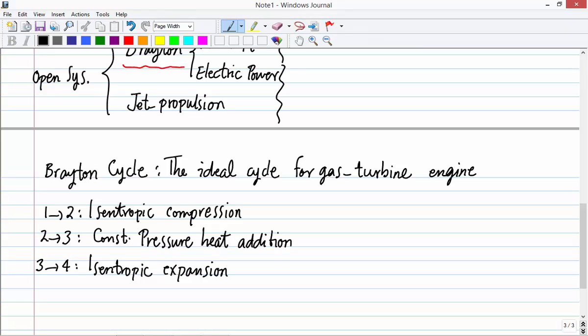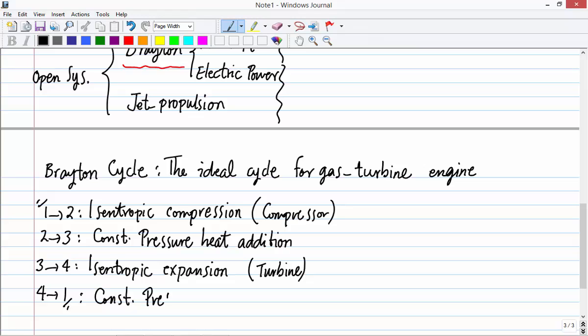These two isentropic processes, the compression happens in the compressor, and this one occurs in the turbine. And then this cycle should end up at the same state as it started, which is point 1, and that would be again a constant pressure, but here it's heat rejection. So we remove heat from the system, and again it happens in the heat exchanger.